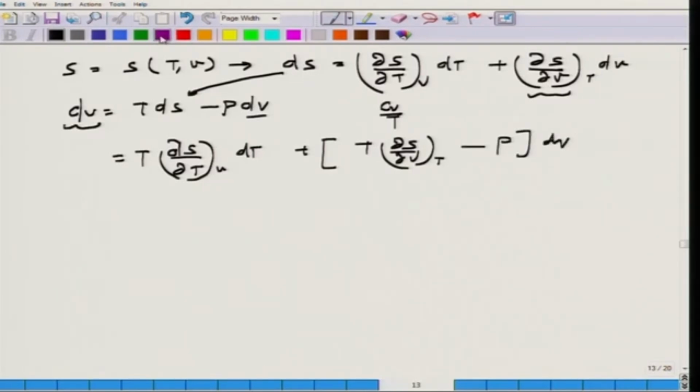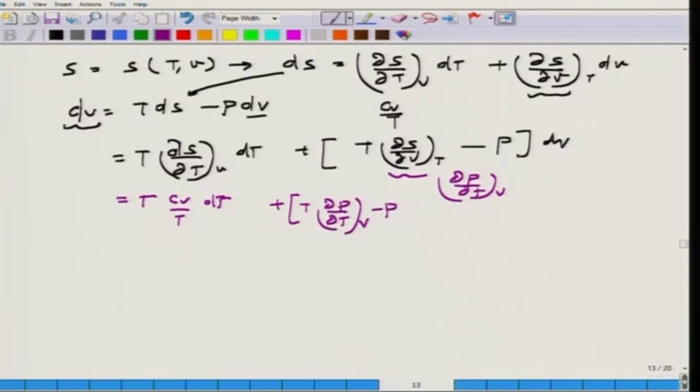So this is something which I can write as Cv dT. And at this point I am going to make use of the Maxwell relation, which tells me that del S by del V at constant T is nothing but del P by del T at constant V, and thus the following expression would be T del P by del T at constant V minus P dV. So this is nothing but your dU. It contains a constant volume term here, and this will be your constant temperature term.